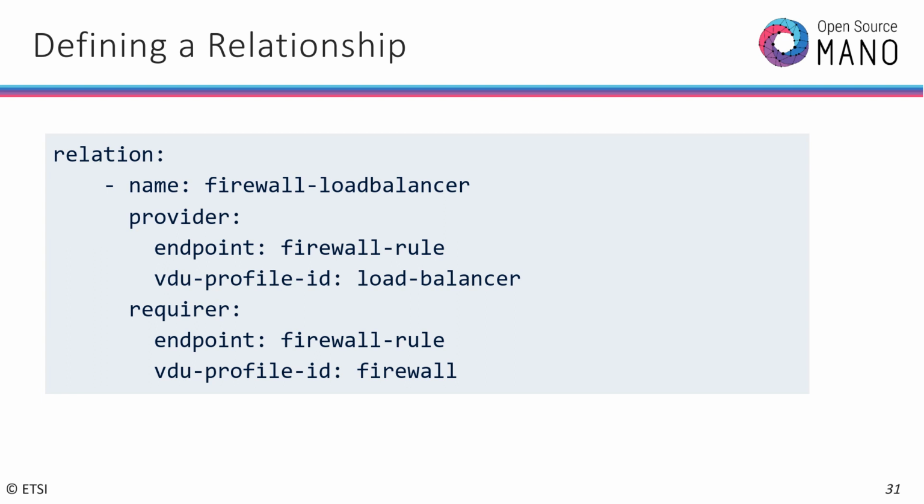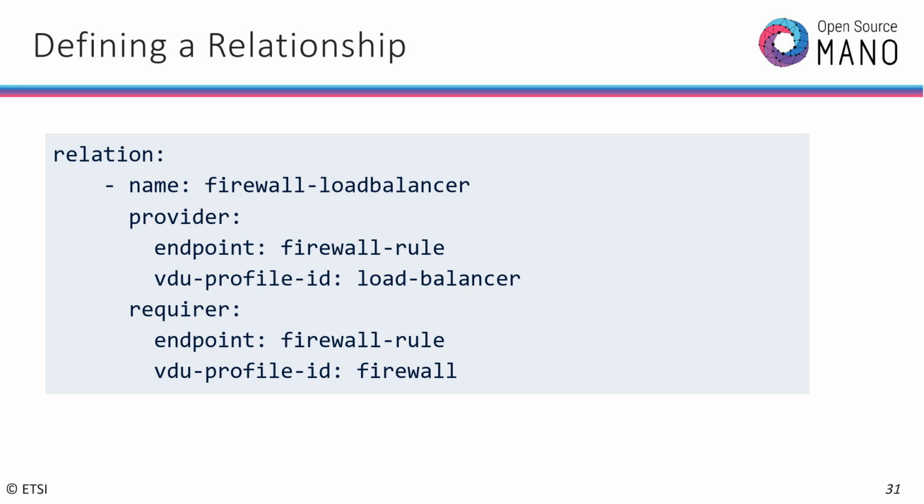And the provider and requirer, you can see they both have the same name for an endpoint. That endpoint, again, is something that I simply chose to call firewall rule. It can be arbitrary as well, but typically something that you would want to describe it.